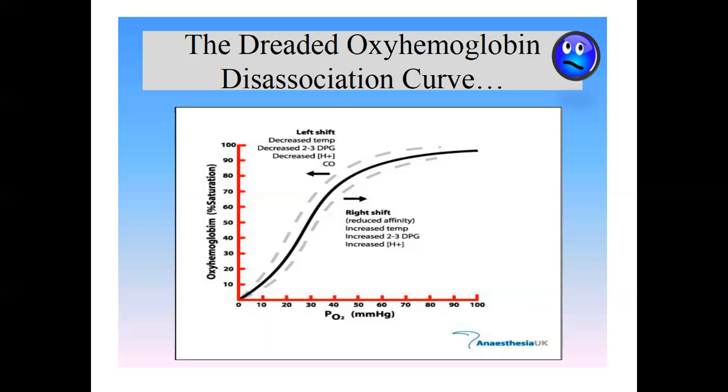So long story short, no, we can't measure it. The closest thing we could get is doing an iSTAT and measuring an H&H. That would be the closest thing we could extrapolate a 2,3 DPG from, but it's a lab test, so it's not really all that important for what we're going to do.